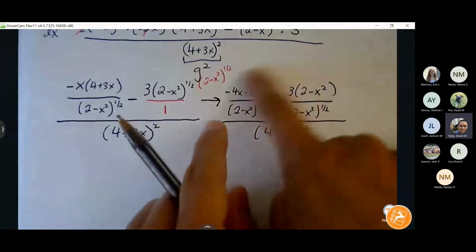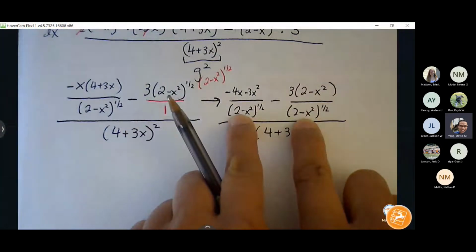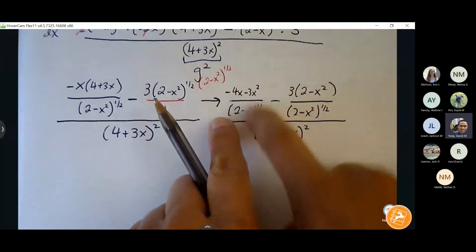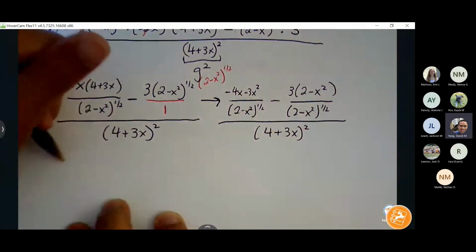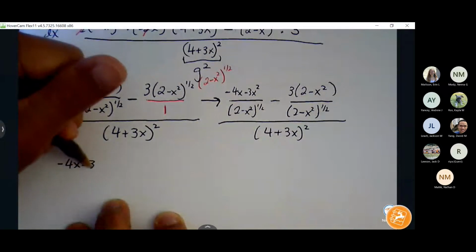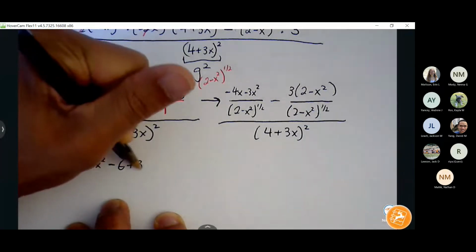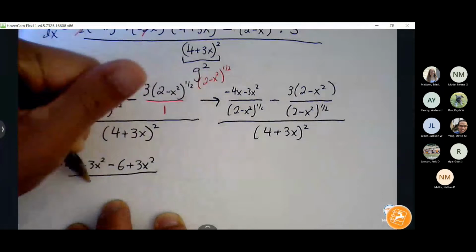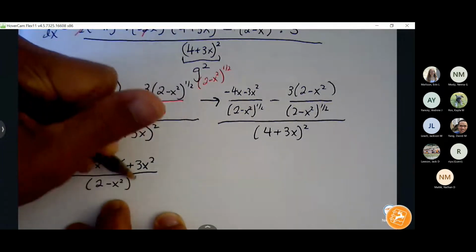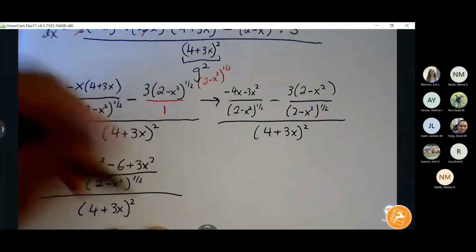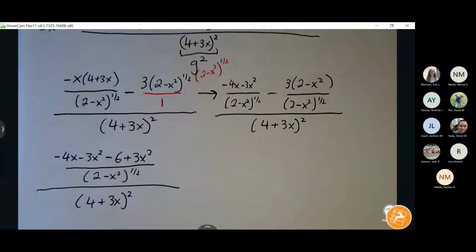Now I can put all this together under one fraction, because now that there's a shared common denominator, this can merge and I can combine all those like terms, and I can eventually bring that 4 plus 3x squared up. Okay, so from here to here, now I can just bring this 4 plus 3x squared up, right?